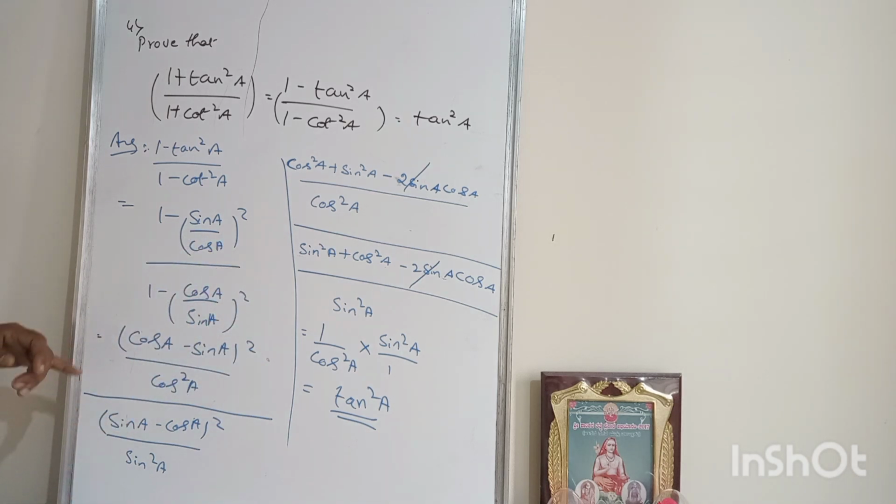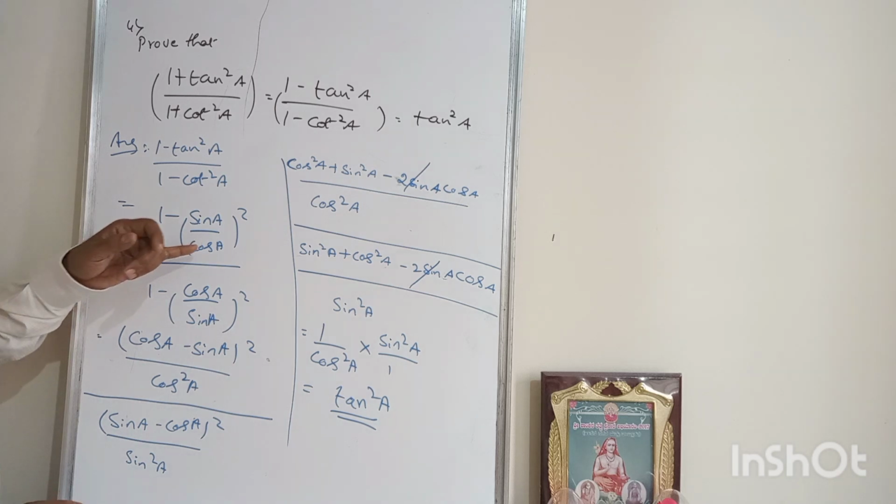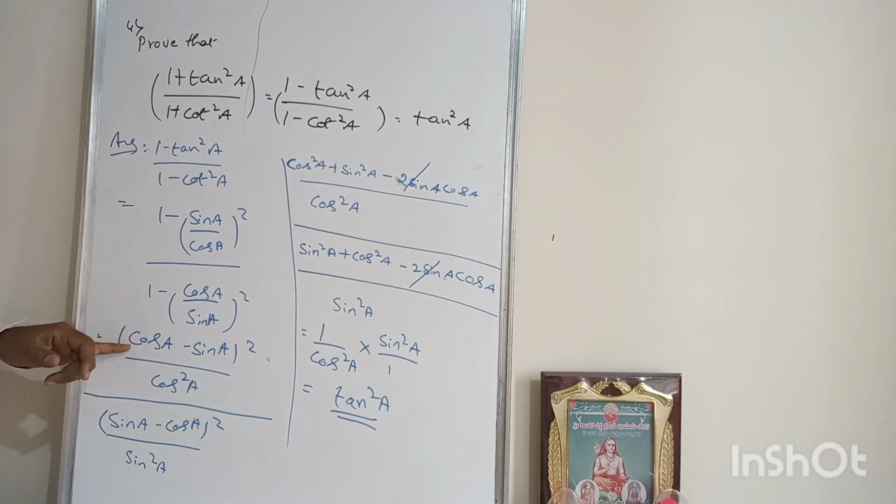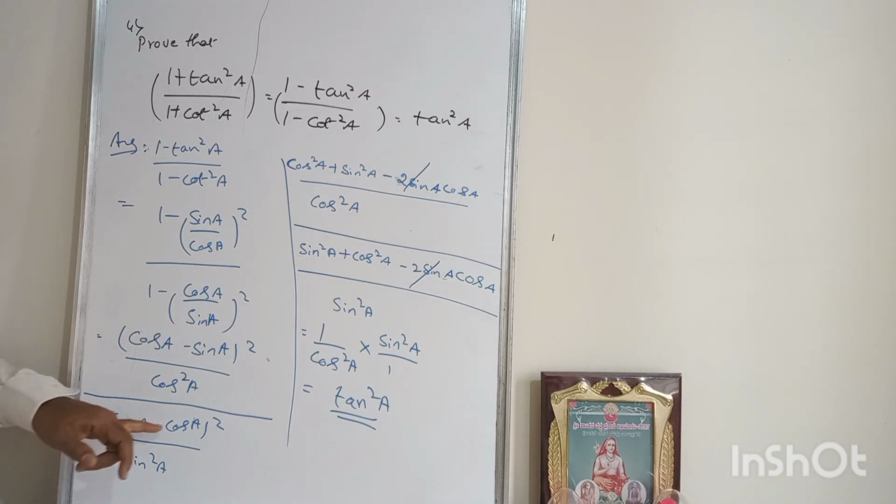If you take cos square A as LCM, you are left with (cos A minus sin A) whole square, and if you take sin square A as LCM, (sin A minus cos A) whole square by sin square A.